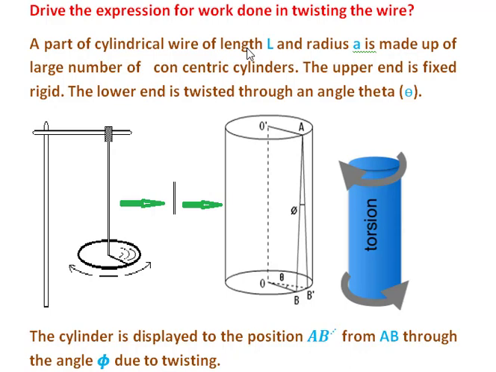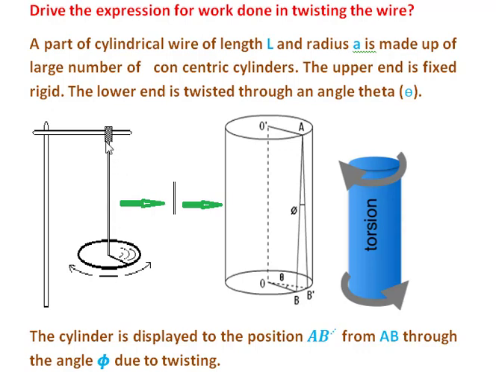Here we are going to derive the expression for the work done in twisting the experimental wire. It has some rigidity modulus property. Our job is to derive the expression for the work done in twisting the wire.